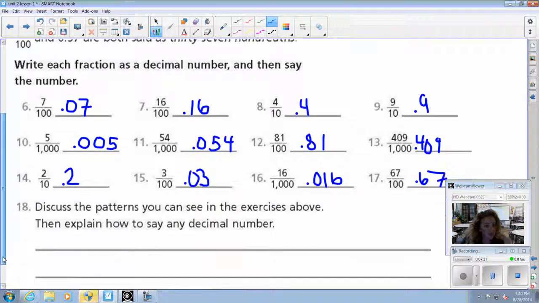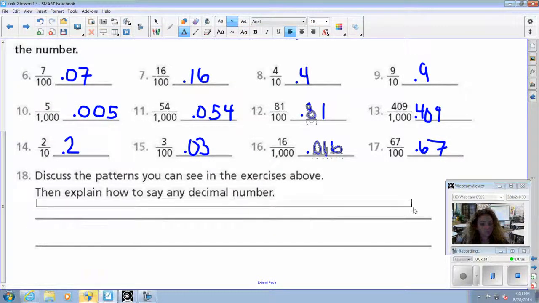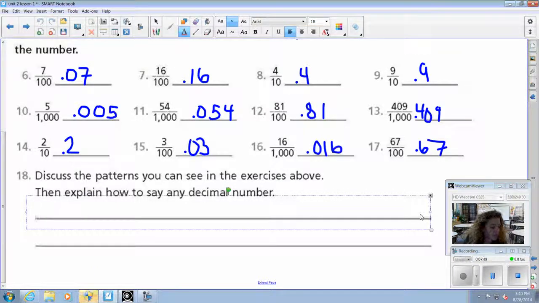Okay, so let's think about the pattern that we see here. Well, the pattern that you guys hopefully are seeing here is that the number you say are whole numbers, but then you say the rightmost place value.